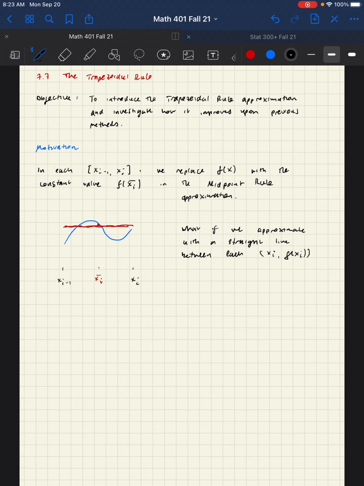So at each x sub i, f of x sub i. And what that would look like instead of taking the midpoint, we would look at the endpoints again, and then we would just draw a straight line through them. And you can see how that might be a better approximation than just taking a flat curve all the way across.